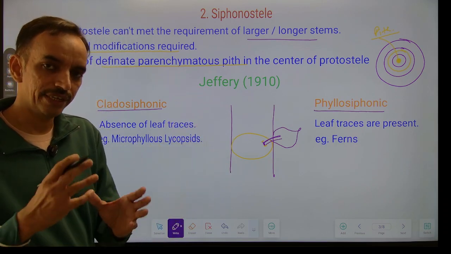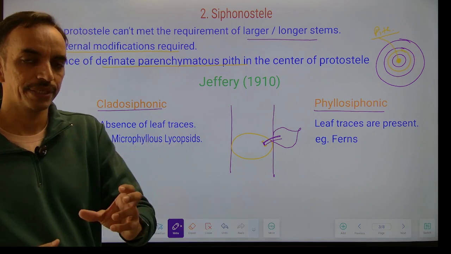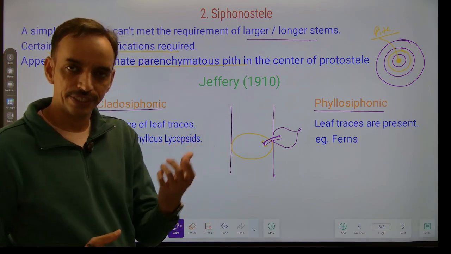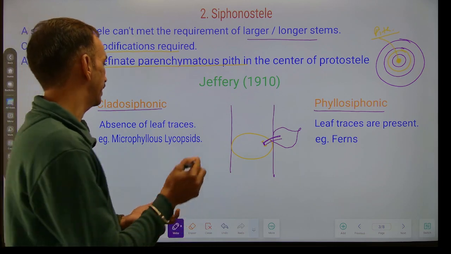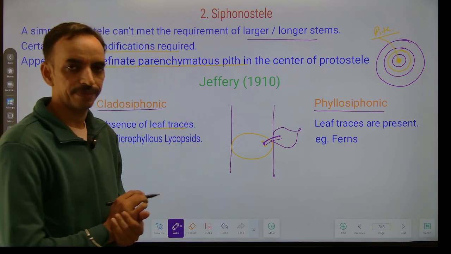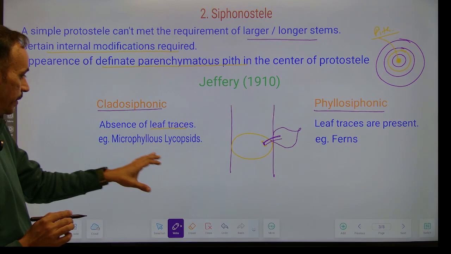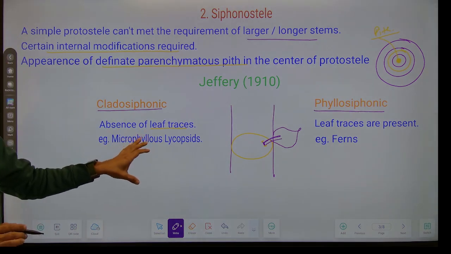So these leaf supplies, they create some gaps in the stem stele, and these are known as the leaf gaps or traces.